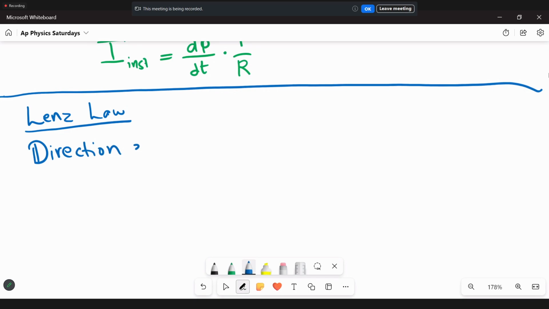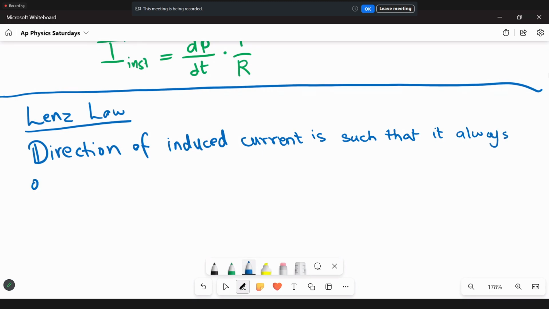Direction of induced current is such that it always opposes the cause producing it. What does that mean now?